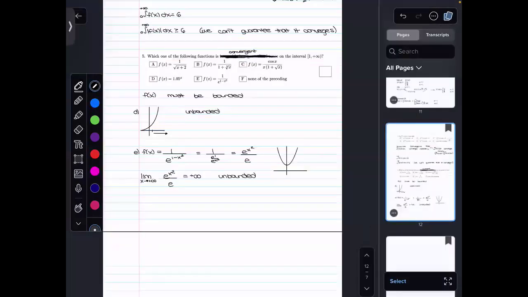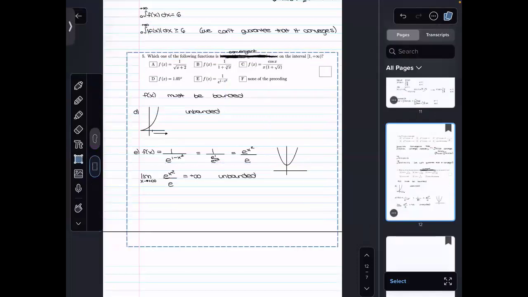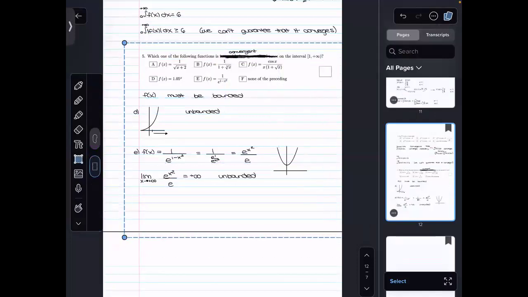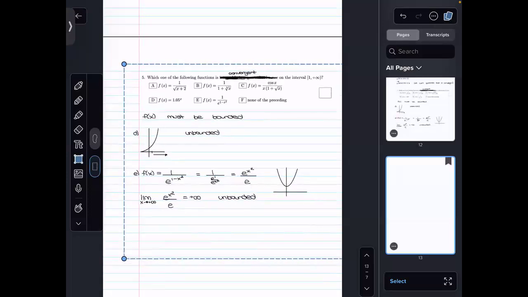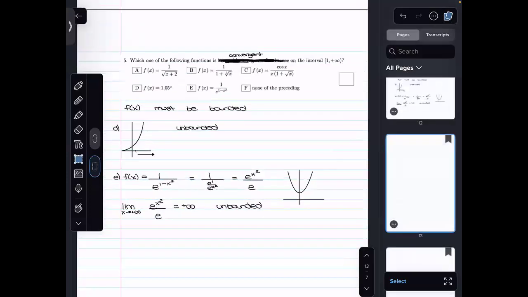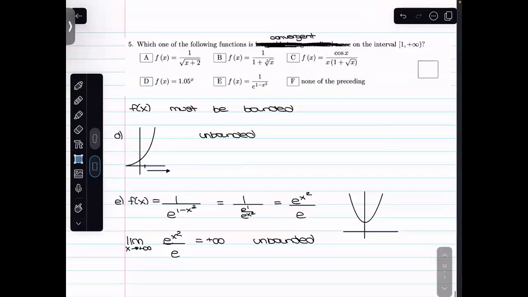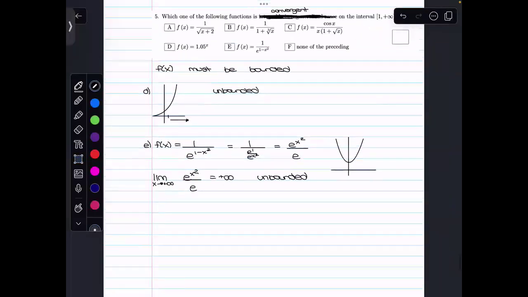Now for A, one second, I'm just going to make some space. So for A and B, you want to recognize that they're both essentially 1 over power. So for A and B, it should be related to the harmonic rule. This one comes up all the time in these multiple choice.